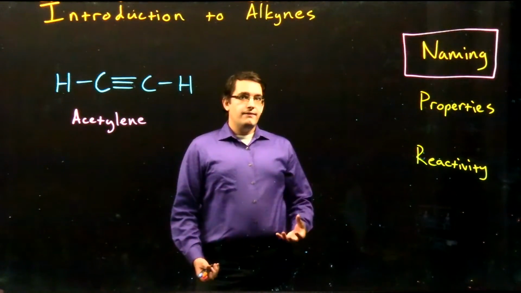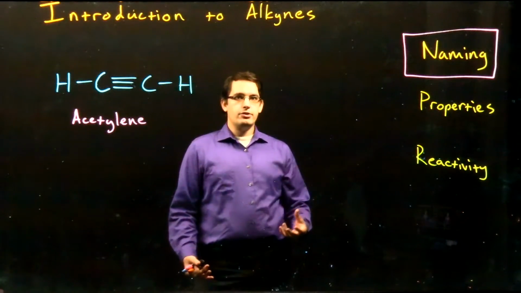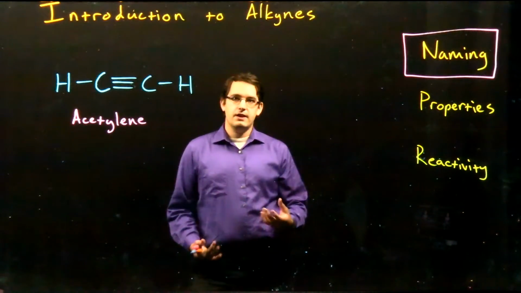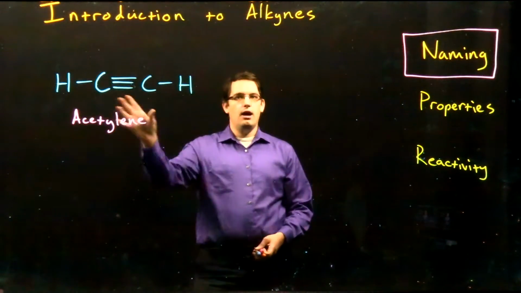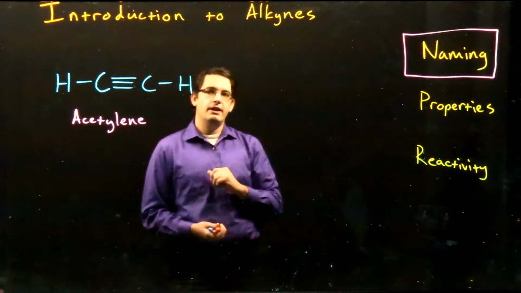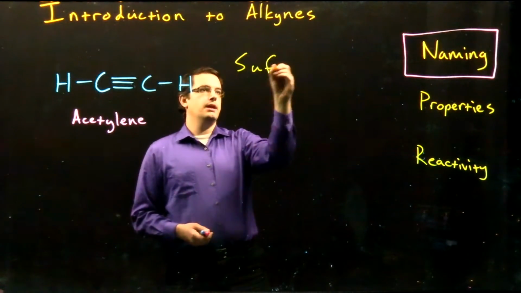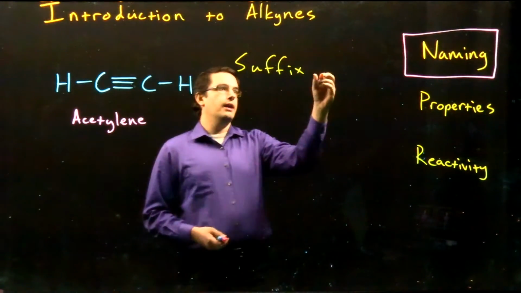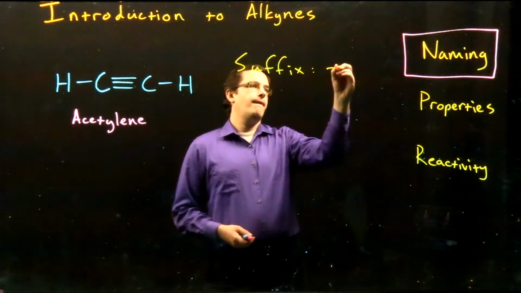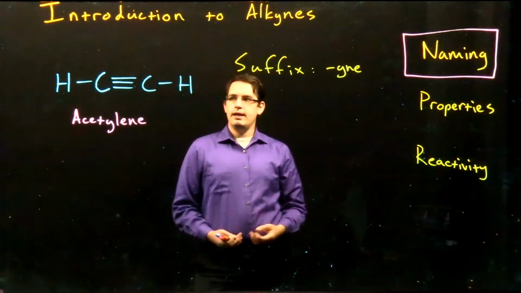As we've seen with our previous functional groups, one of the key things that we need in order to name a functional group is some kind of suffix to indicate the presence of that key functional group. For alkynes, as we see here in our name, our suffix is going to be -yne. So all alkynes will end with -yne.